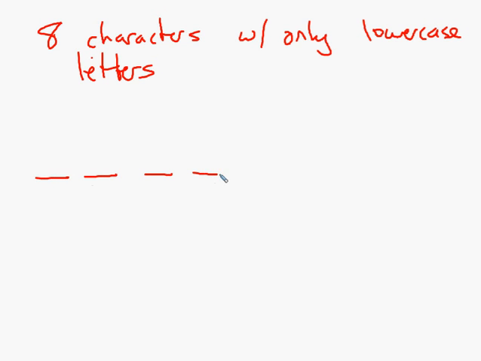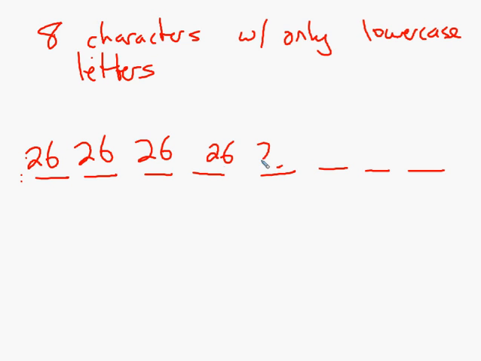So we have 4 of them there, 4 of them here. So a total of 8. How many letters are there? 26. Okay, so we have 26 letters in the alphabet. So we have 26 possibilities for each one of these. So we aren't going to put this in our calculator and get an actual number because it's going to be rather large. So 26 to the 8 would be our answer there.